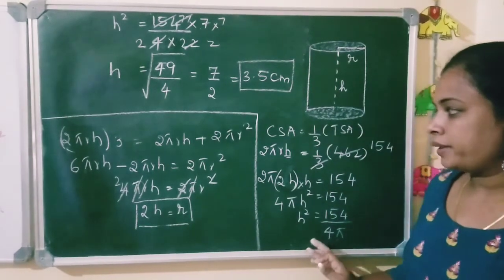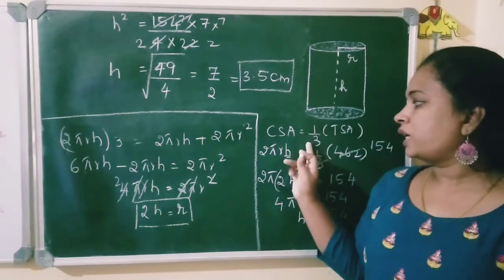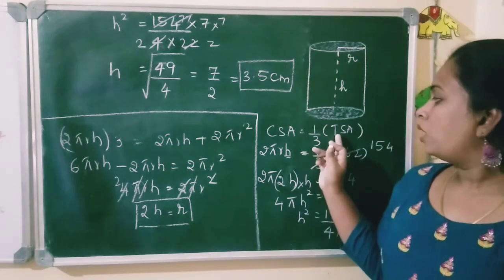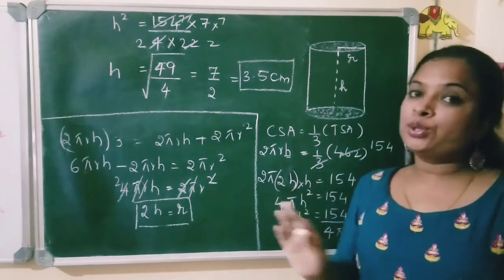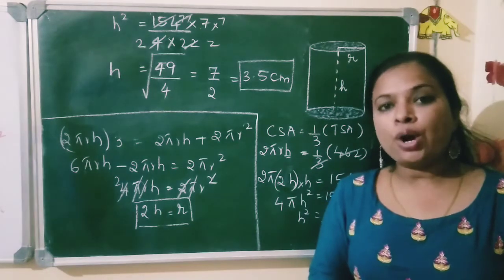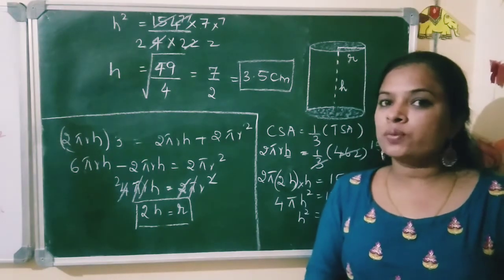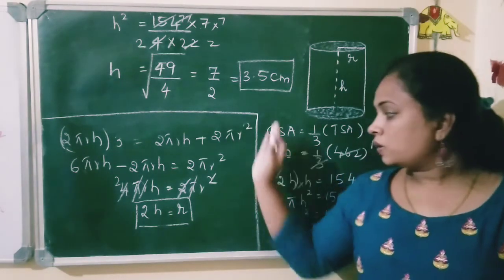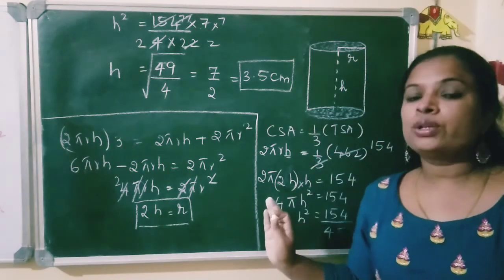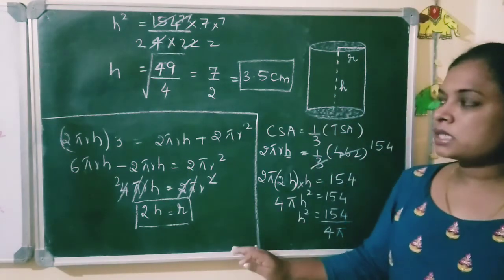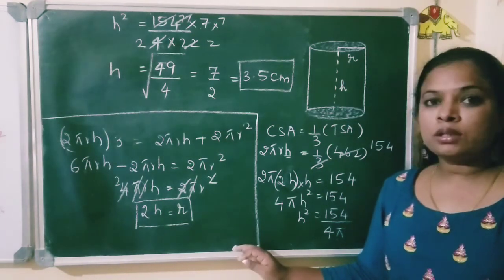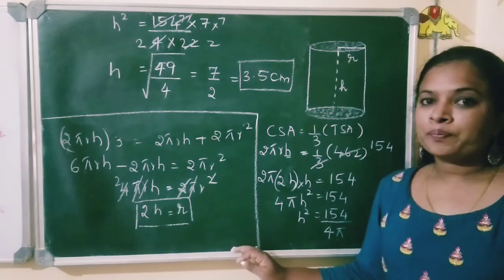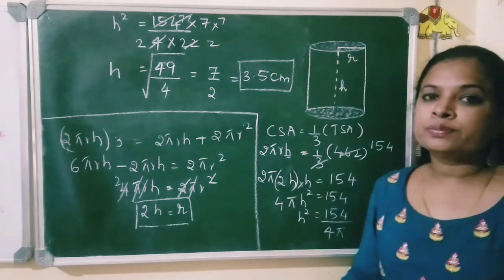Only then you will get it. Suppose you take 1 by 3 into 462 directly, here you will have two unknown values. You will not know the radius as well as the height, so you will not be able to find it. This is how you have to find, children. And this will be a 3 marker or 4 mark question, so you can write it down.